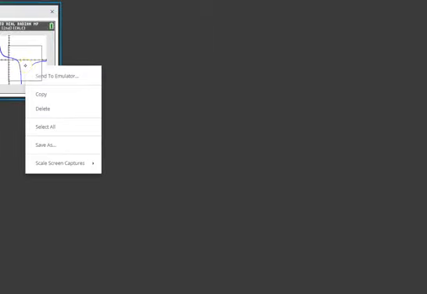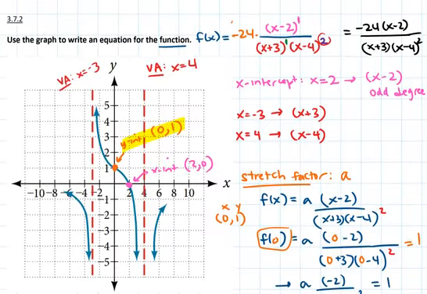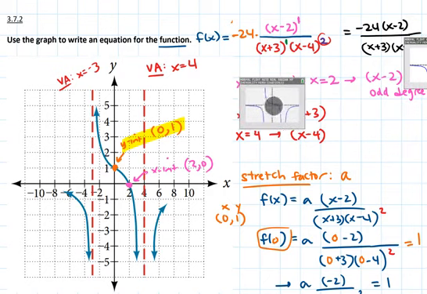Screen capture. I know you're seeing this. But let me see if I can put this really close to our actual graph so that we can really see, did we do this correctly? Let's paste it. Oh, sometimes it pastes off the screen. I want to move this into your viewing window.